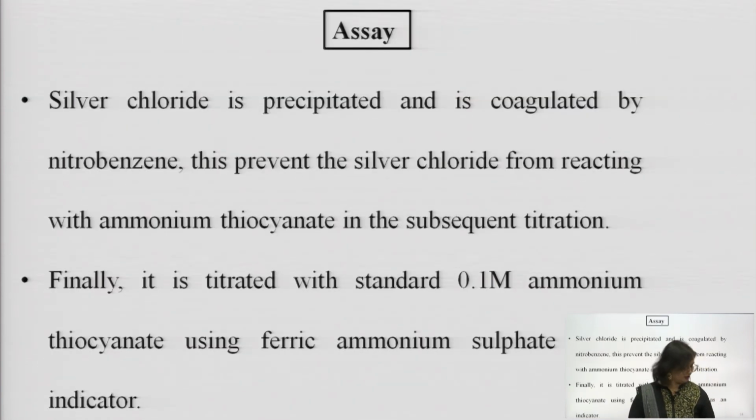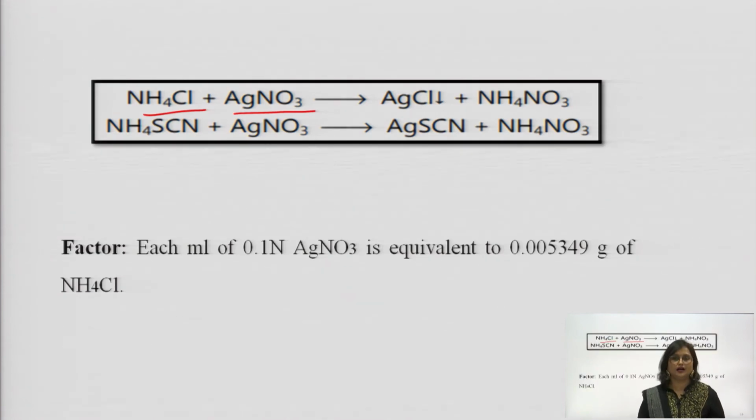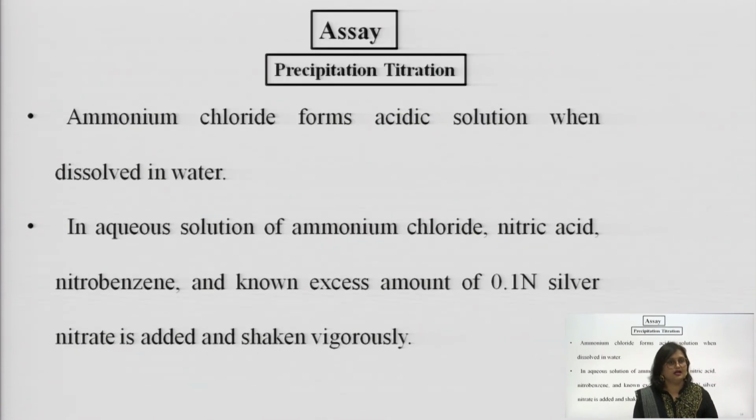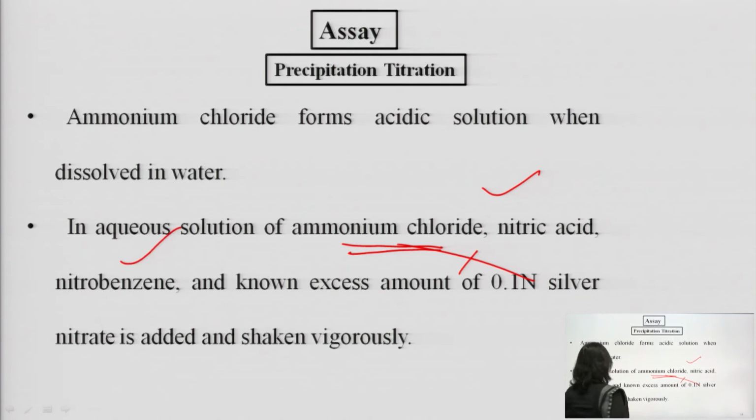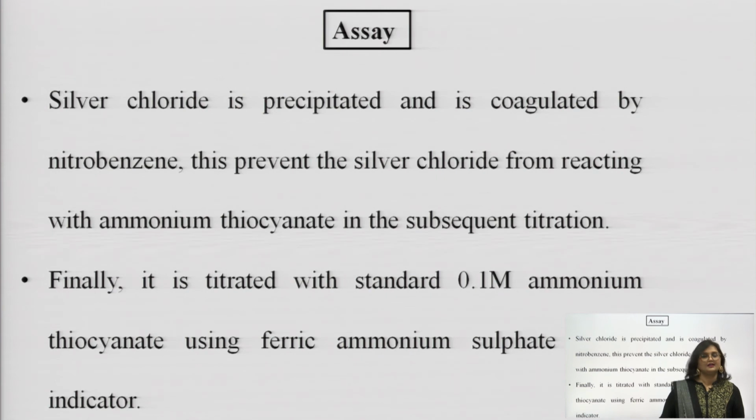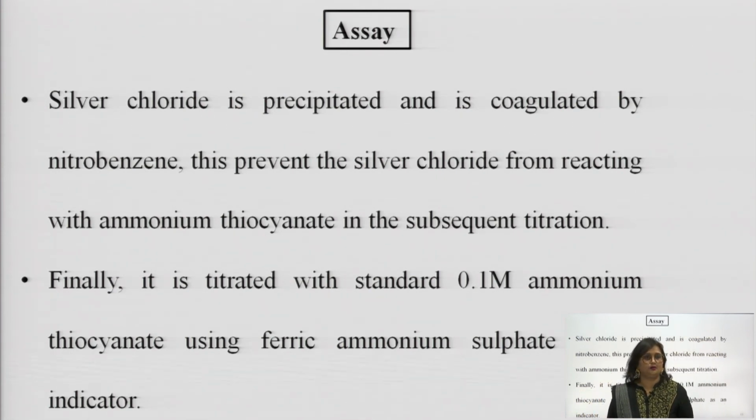Silver chloride is hence precipitated out. It is coagulated by nitrobenzene. That is why we add nitrobenzene, for coagulation of silver chloride.